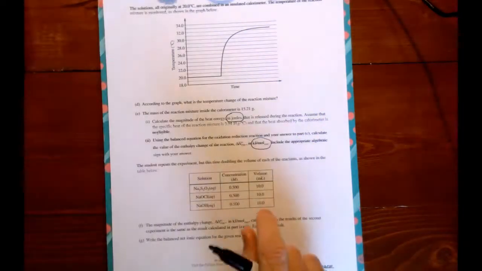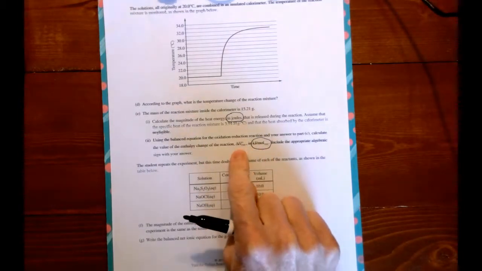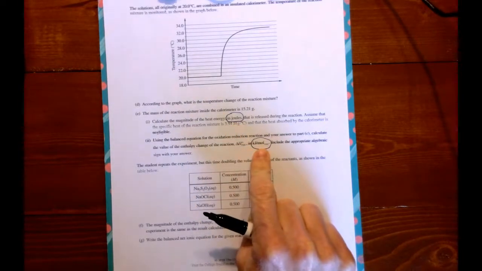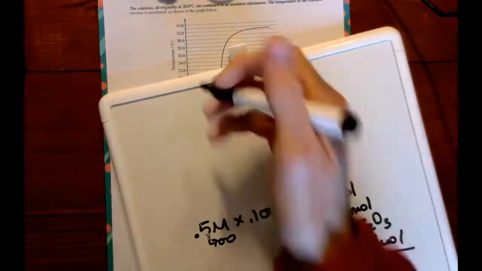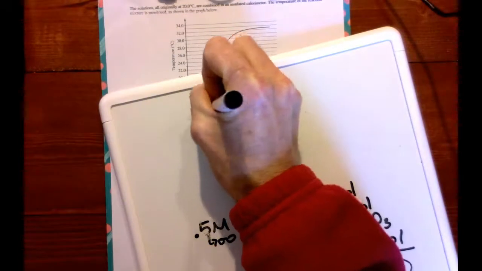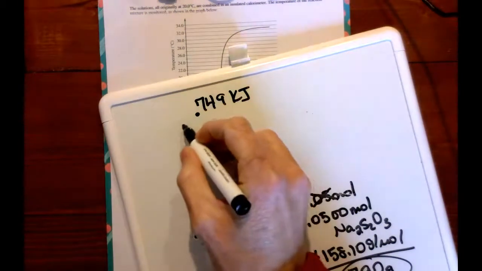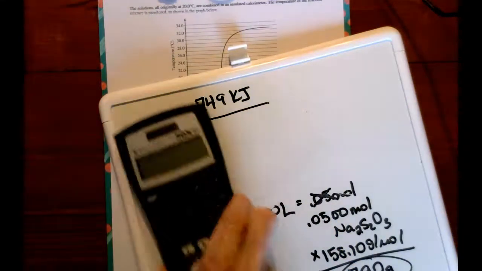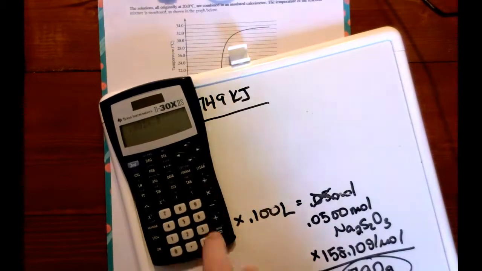The other thing to look at is kilojoule per mole. They're helping us by showing us how to solve for the enthalpy. We're going to take our answer in joules and put it in kilojoules, and we're going to divide by the appropriate number of moles related to the reaction. So that would be 0.749 kilojoules for the number of kilojoules for the reaction. But now for the moles, remember, I told you to remember this earlier, it was 0.005 liters times 0.5 molar.